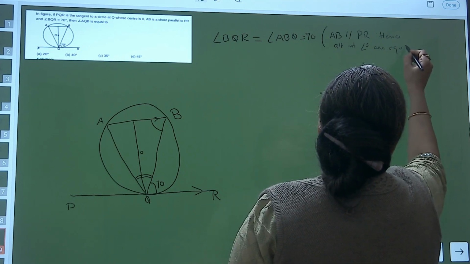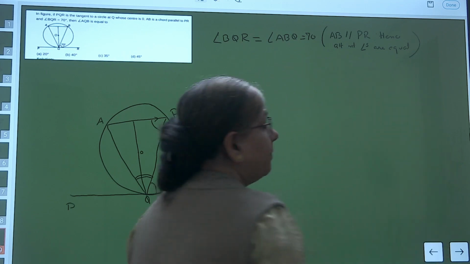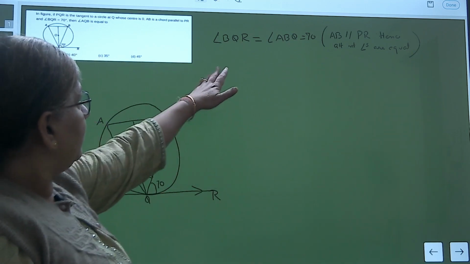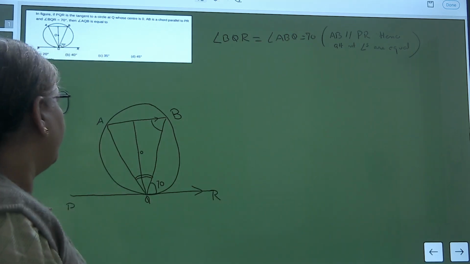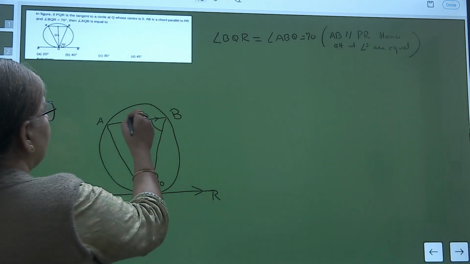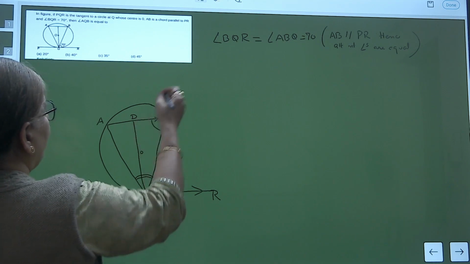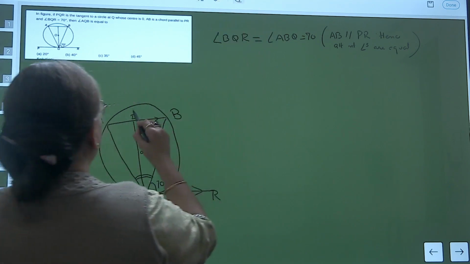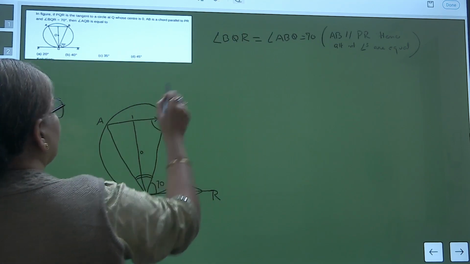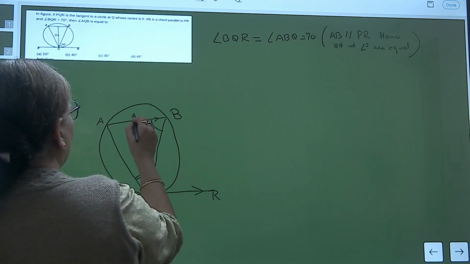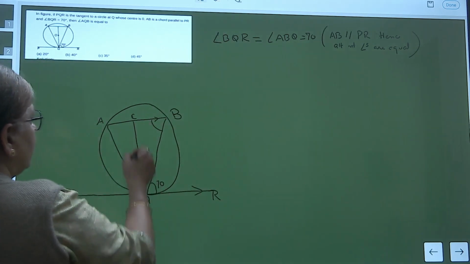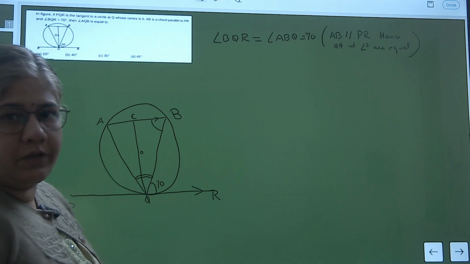So using the properties of parallel lines, we can say both these angles are equal. Now let this point be C. See, this TQ line is passing through the center.